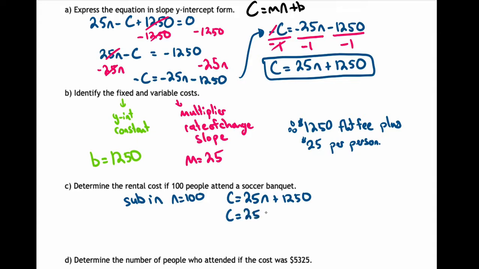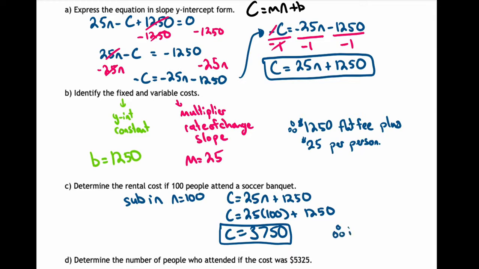So 25 times 100 plus 1250. And when I go through and solve, I get 3,750. That's my final answer.